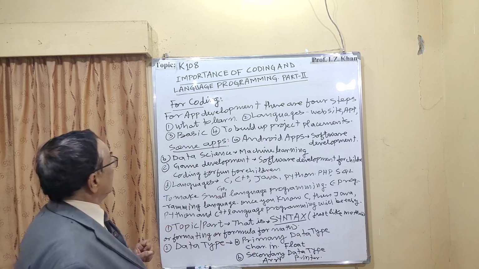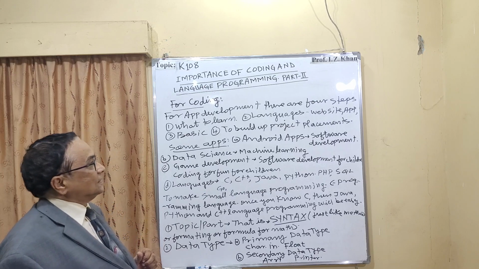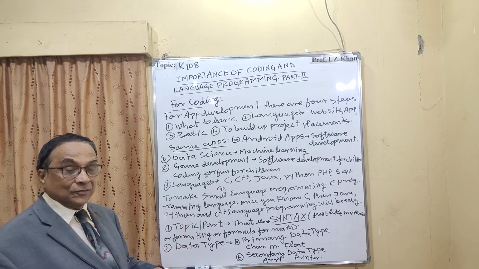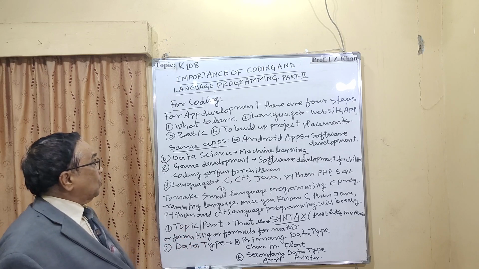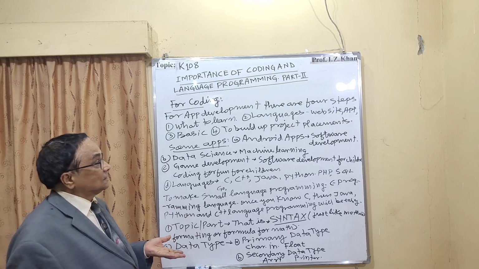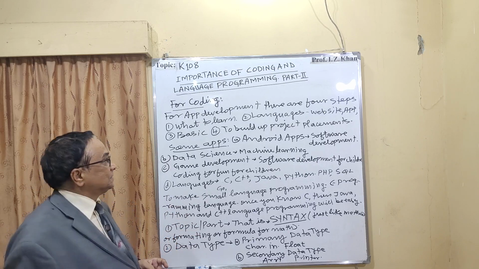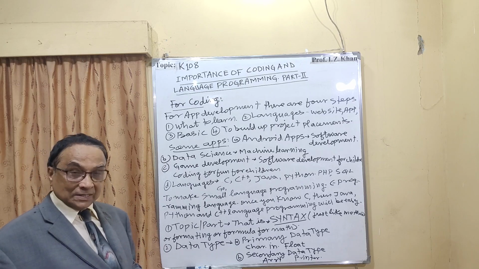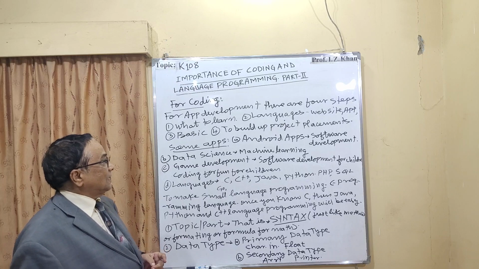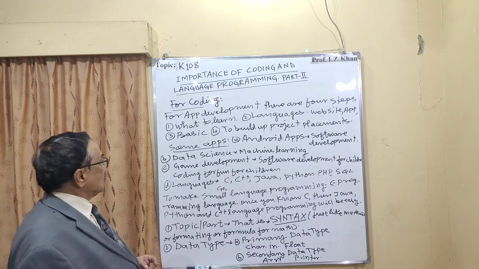So for coding, for app development, there are 4 steps. They can develop the app for Android or any other platform. First, what to learn while you are going to develop the apps. Second, languages, what type of languages, website, app. Third, basics. And fourth, building up projects and placements.